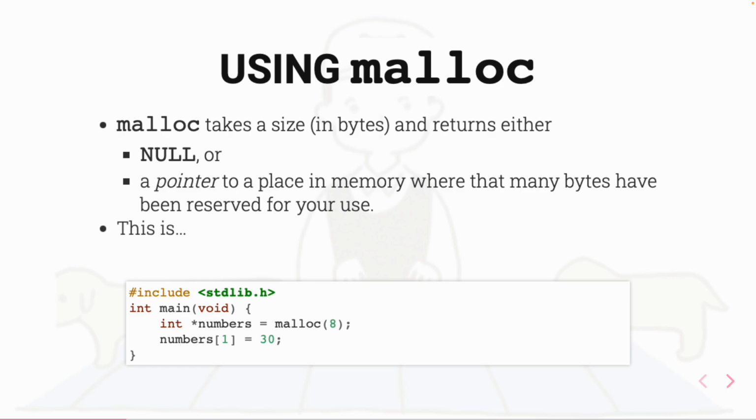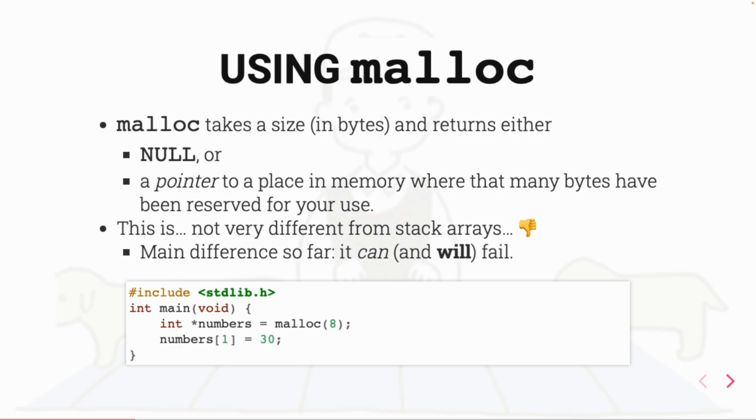So far, at least in this example, it's not very different from stack arrays. The main difference so far is that it can and will fail. But the whole not automatically deallocated when a function returns thing is super advantageous for us.